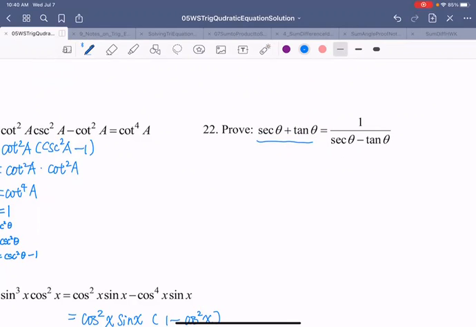To get secant theta plus tan theta, technically you could do secant squared theta minus tan squared theta over secant theta minus tan theta. Very good. Very good.